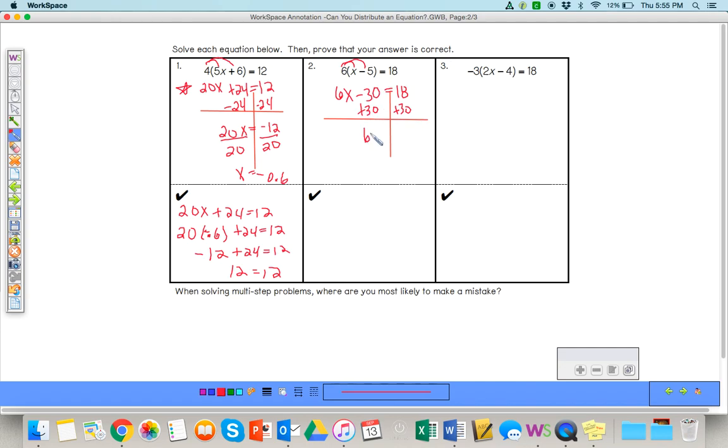And we get 6x equals 48. We divide by 6 on both sides. And we get x equals 8.